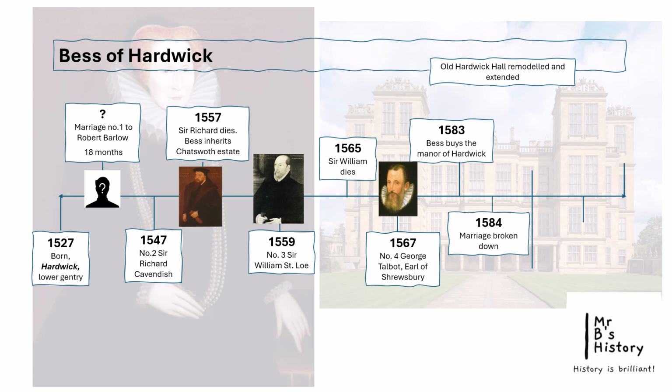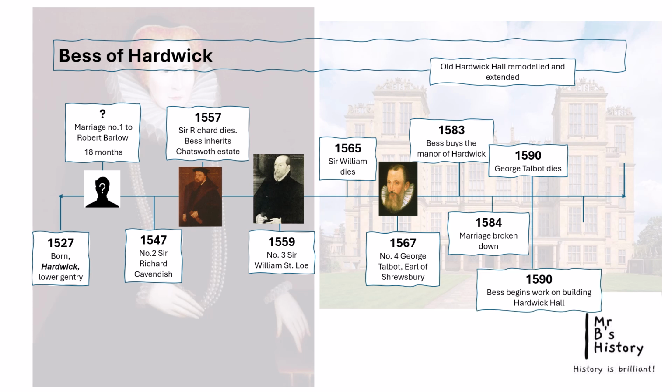Now, for a whole variety of reasons, some of which involve rumours about George Talbot and Mary, Queen of Scots, Bess's marriage to the Earl of Shrewsbury has broken down by 1584. They are leading effectively separate lives. In 1590, George Talbot, Earl of Shrewsbury, dies. And then the same year, clearly full of grief, Bess begins work on building the new and improved Hardwick Hall.